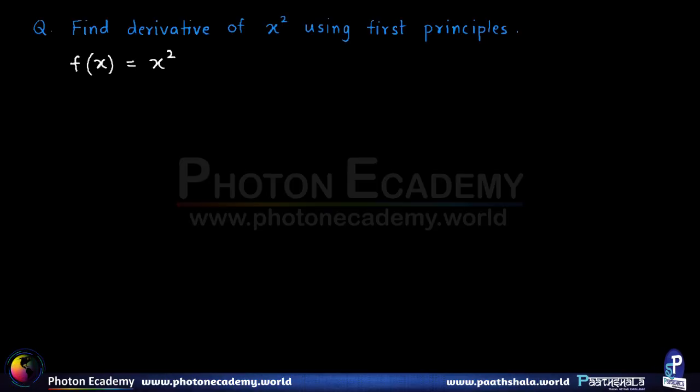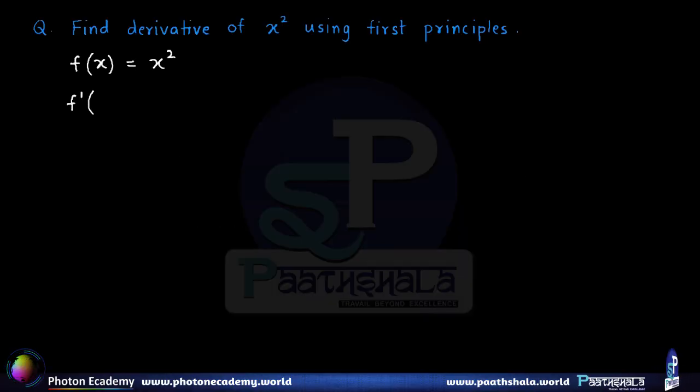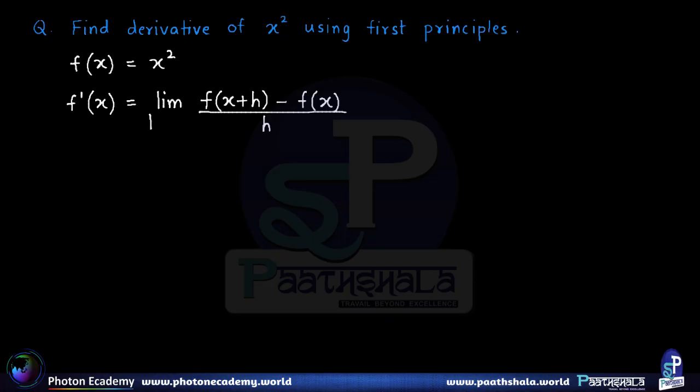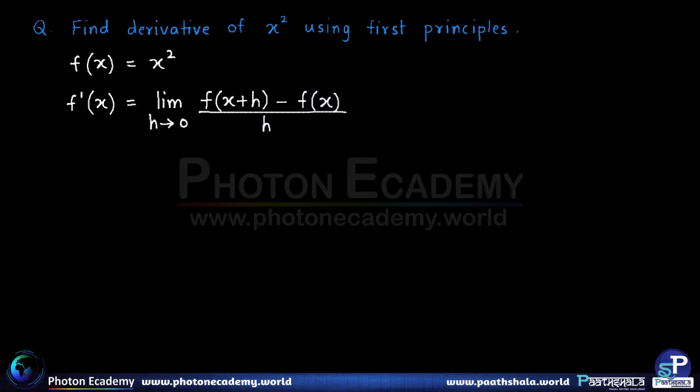Now we know that the definition of derivative says that f dash of x is equal to limit of f of x plus h minus f of x, whole upon h, as h tends to 0. So that gives us limit as h tends to 0.